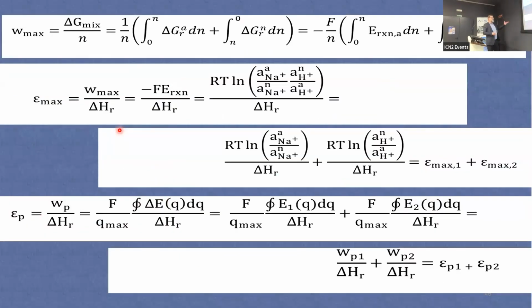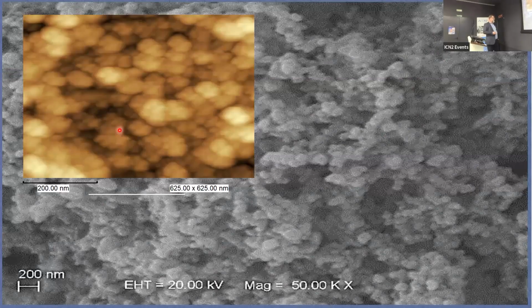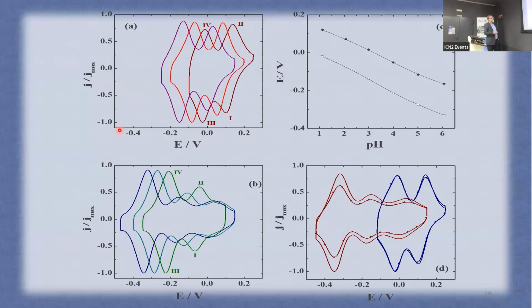And we have used thermodynamics, and this is the morphology for the polyoxometalate, and some results, and we can observe the change of potential associated with the reduction and oxidation as a function of pH.